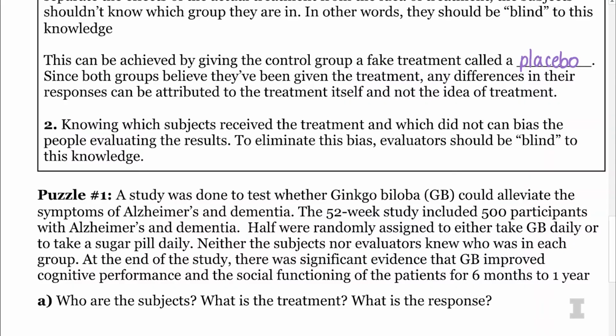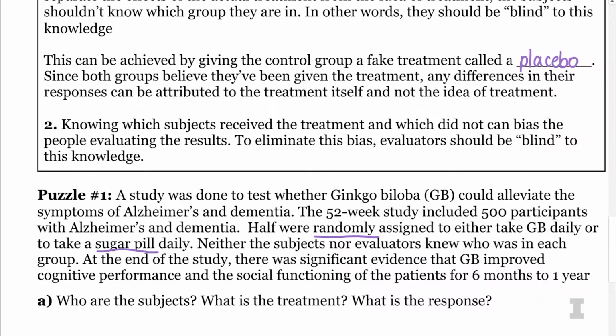This says that a study was done to test whether ginkgo biloba, abbreviated as GB, could alleviate the symptoms of Alzheimer's and dementia. This was a 52-week study, and there were 500 participants, all with Alzheimer's and dementia. Then it says half were, I like this, randomly assigned to either take the GB daily or take a sugar pill daily. So that's implying there is a placebo.